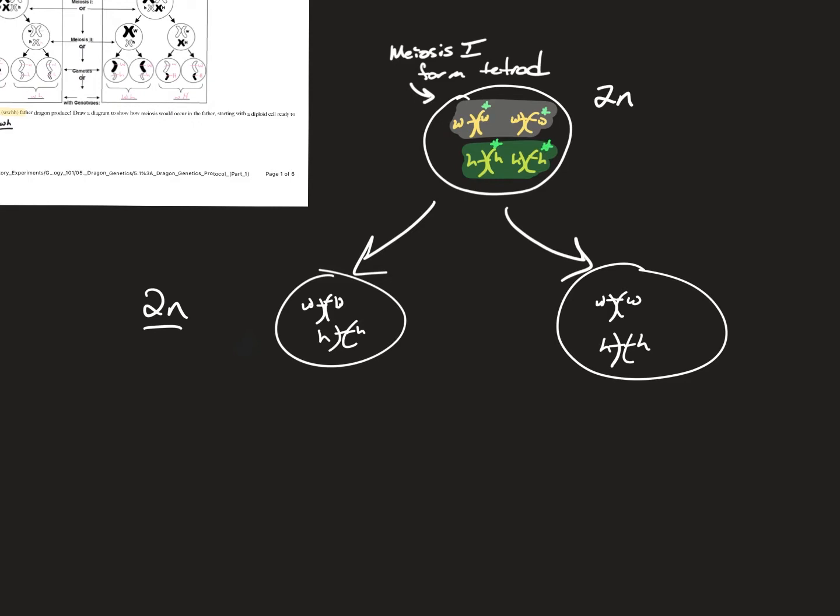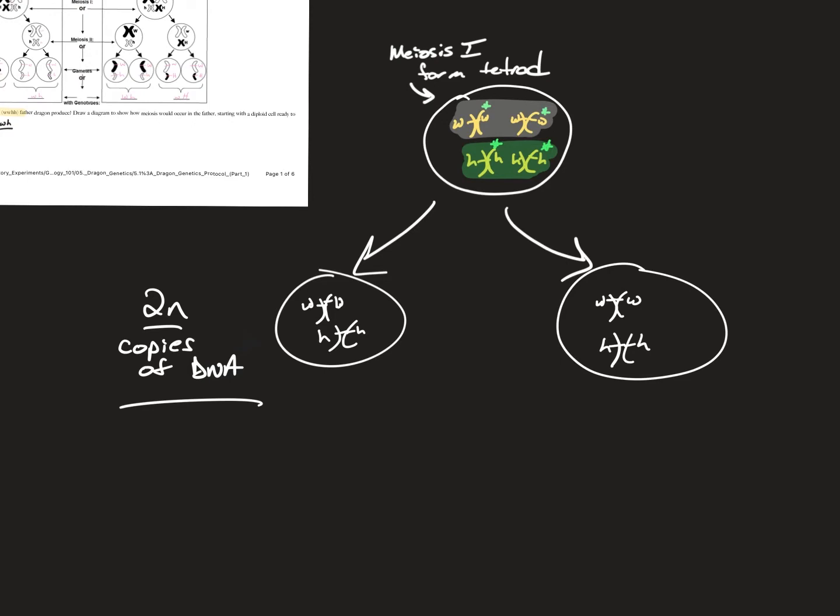But if you include the sister chromatids, there's still 2N in the copies of DNA, right? If you counted the copies of DNA, that wouldn't be 2N, that would be 4N, right?